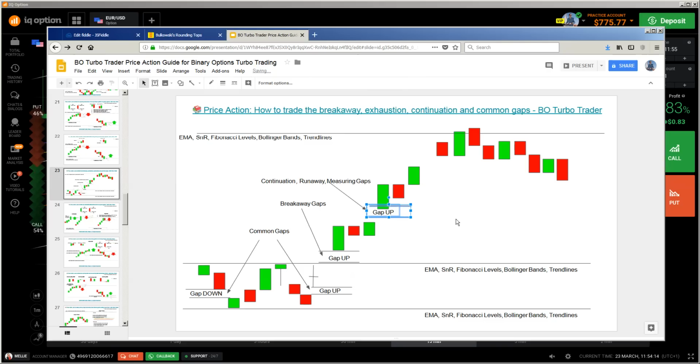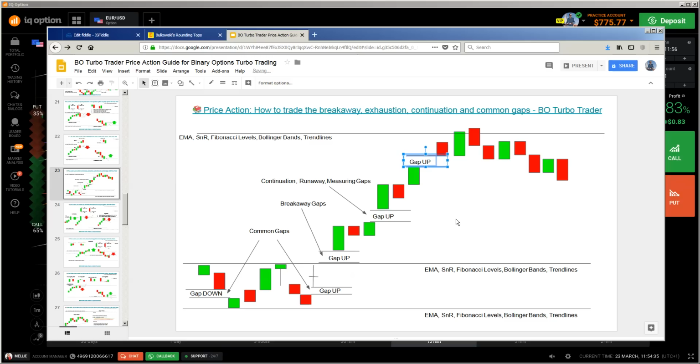So let me see. This was this one here, another gap up. And then we have another gap up here above, only for demonstration. Then I will put this here. This is another one, and this one is the last one.